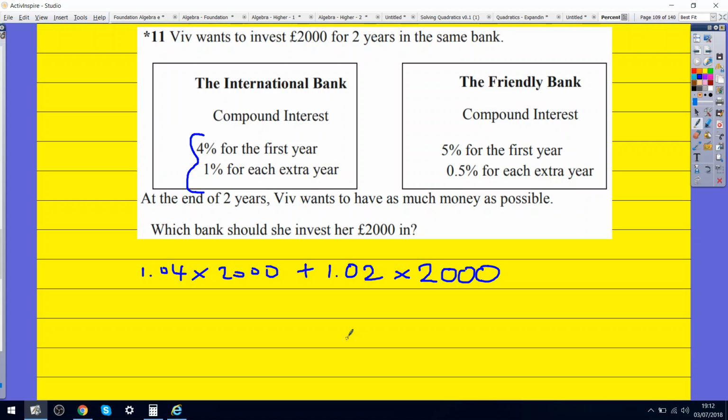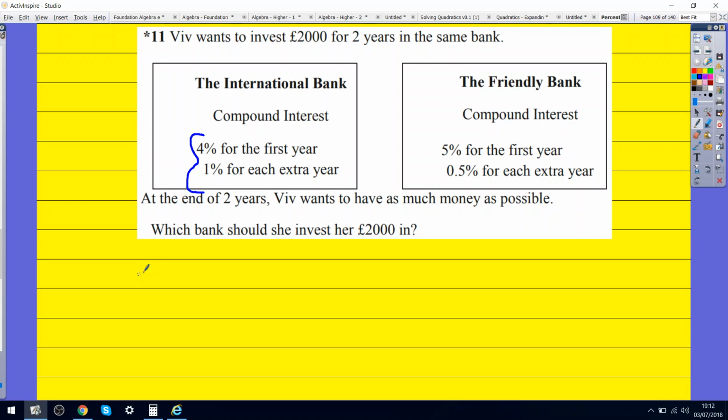I think I did it wrong here, so it should be 0.01 times 2,000, because it's 1% more. So in that case, just start with 2,000, multiply it by 1.04, and then that answer times by 1.01. You don't even need the brackets because it's just multiplying.